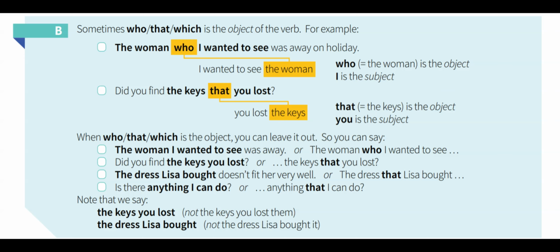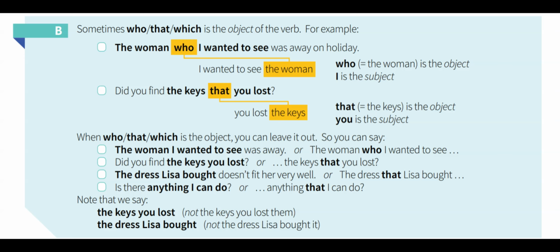She is the object because the action, which is "see", is happening to her, but not by her. She is not doing the seeing, but she's being seen by me or by someone else. Meaning now she's the object of our verb.